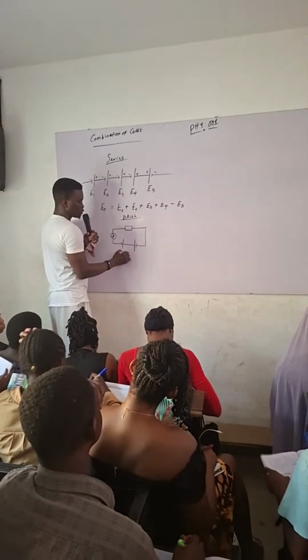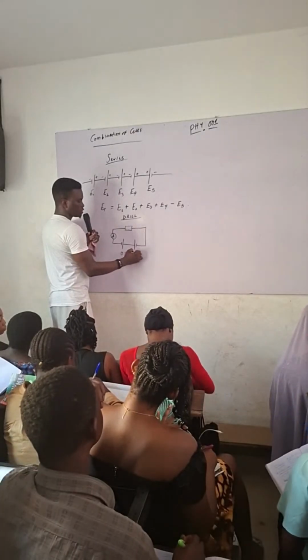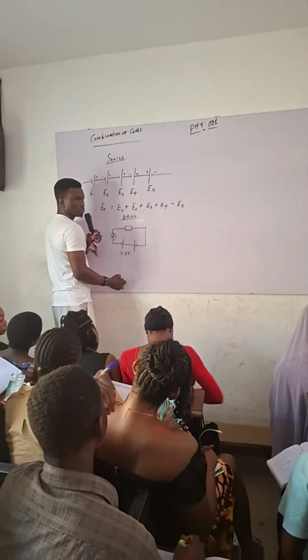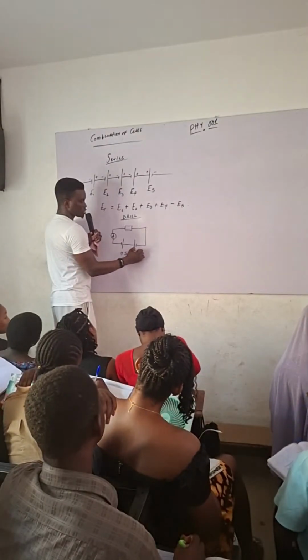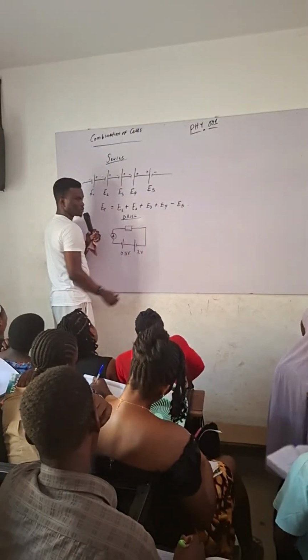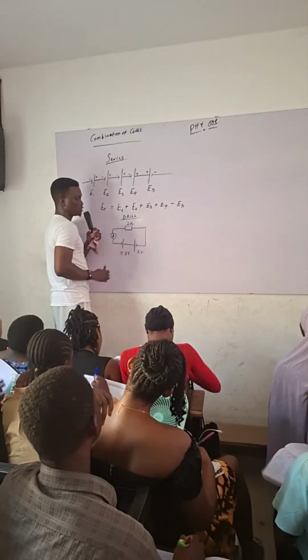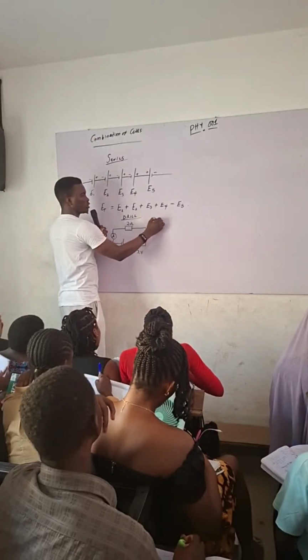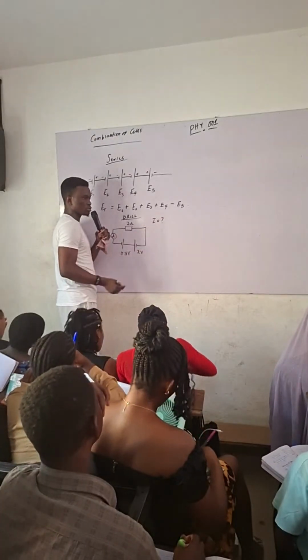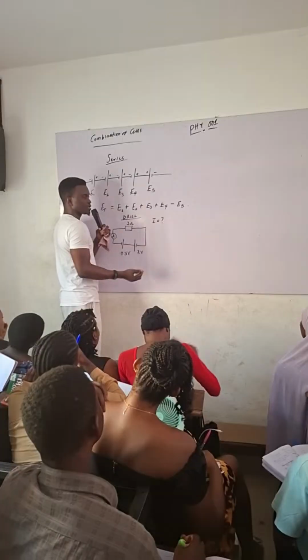This is 0.5 volts battery. This is 2 volts battery. Then this is 2 ohms. Then what will be the current flowing in this circuit? Neglecting internal resistance.